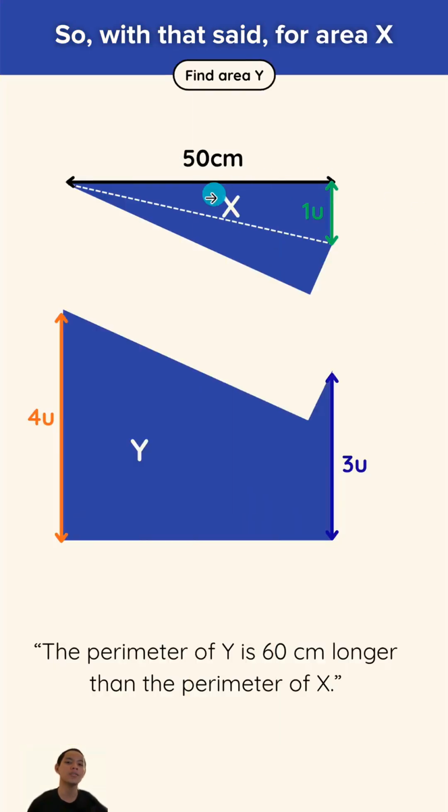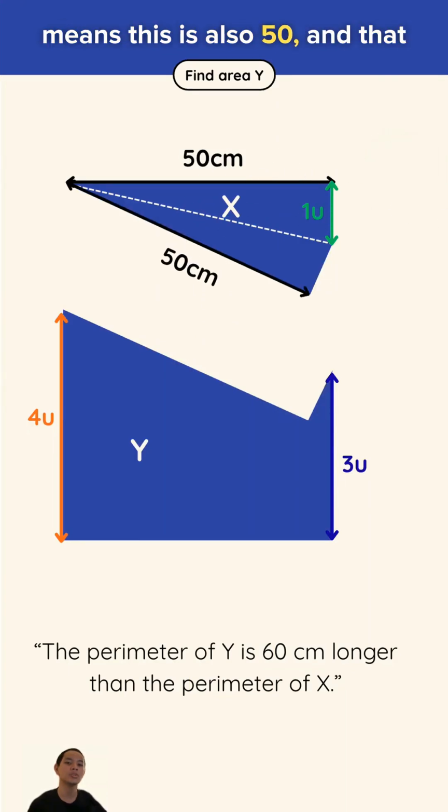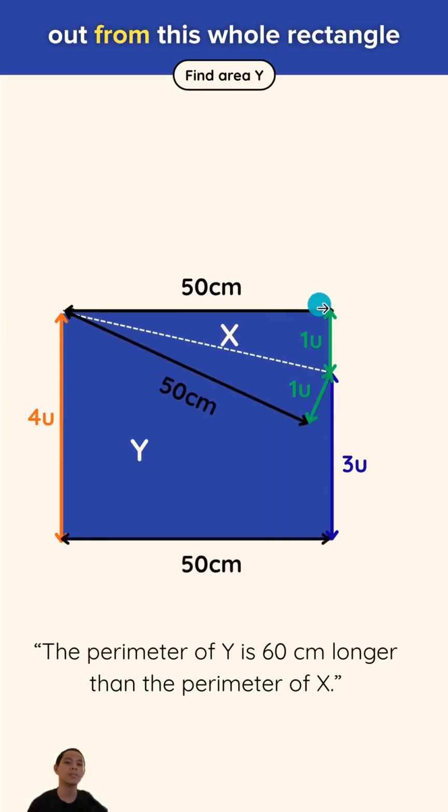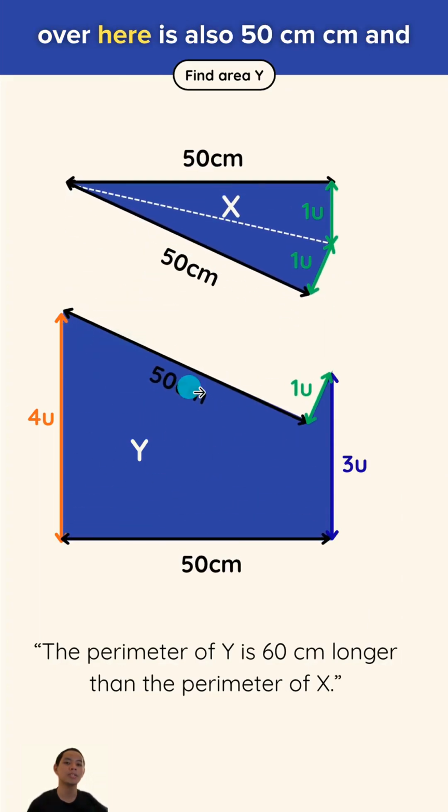So for X over here, since this is 50, this is also 50, and this is also 1 unit. And since this is a cutout from the whole rectangle, this part over here is also 50 centimeters and this part is 1 unit. And the last part, Y over here, is also 50 centimeters. Now we have the outline, or the perimeter, for both X and Y.